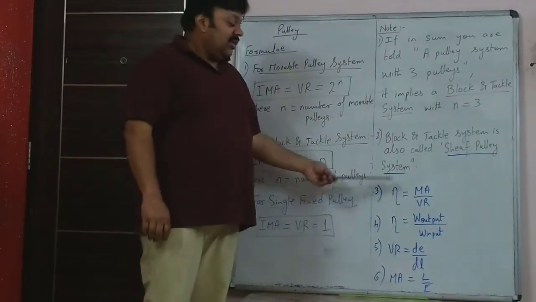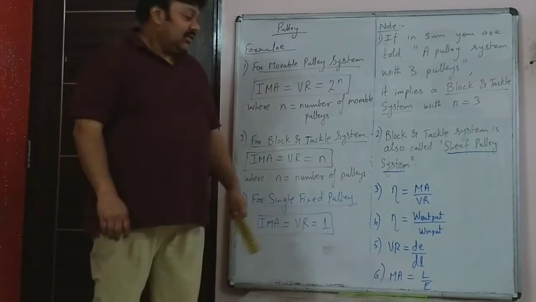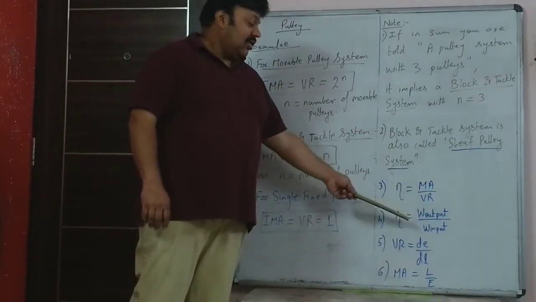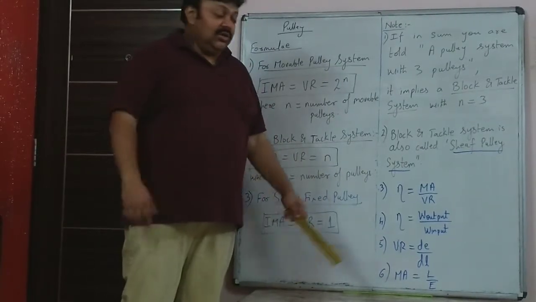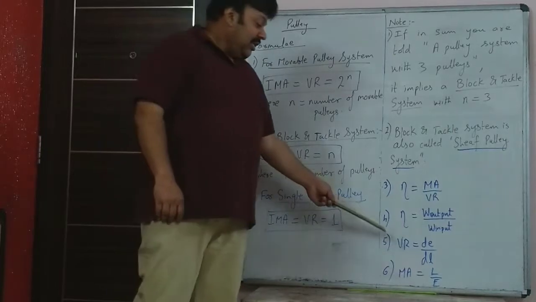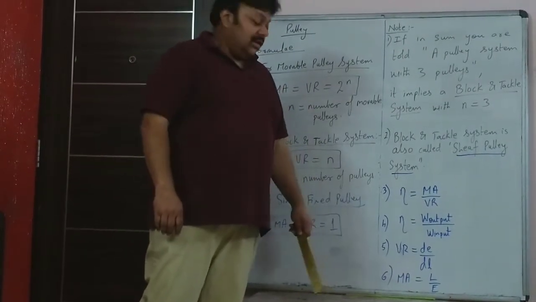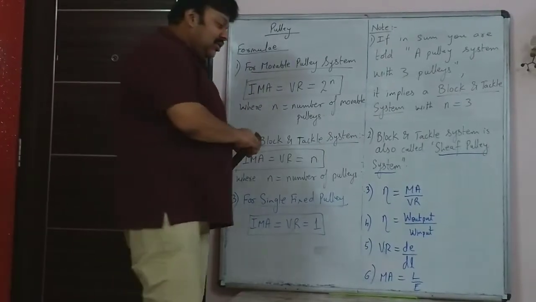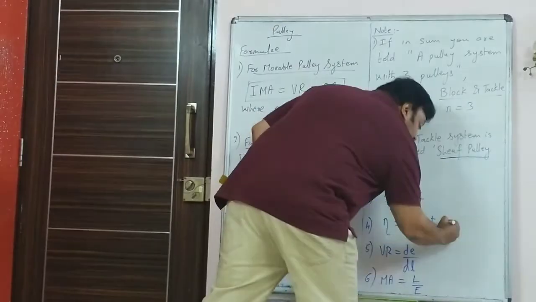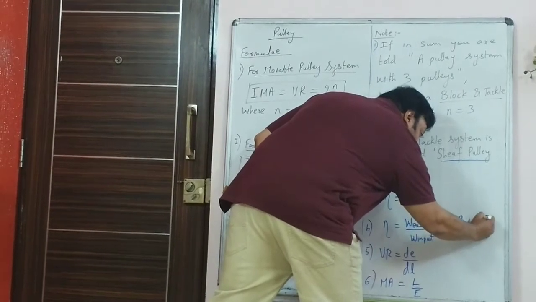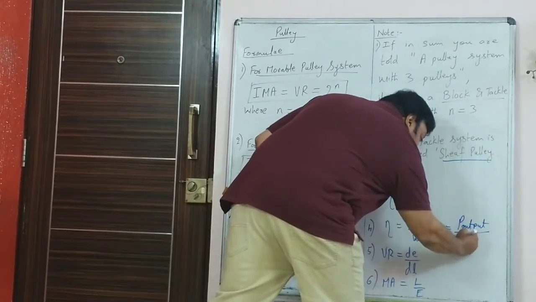Other formulae remain the same for all machines, that is efficiency is MA upon VR, efficiency is work output upon work input, which is also power output upon power input. VR is dE by dL, MA is load upon effort. So here because time is the same, you can even write this is power output upon power input.